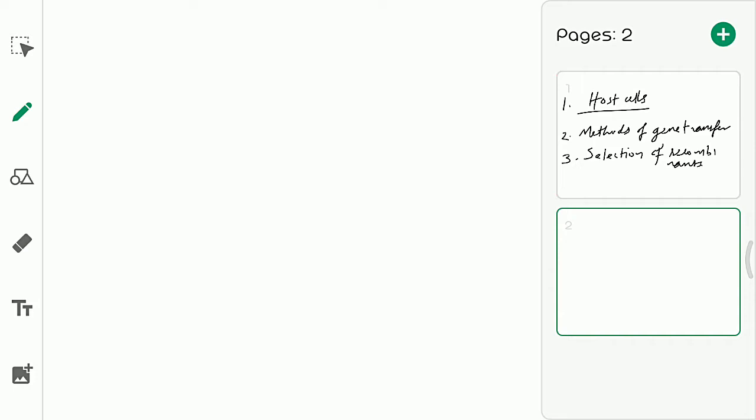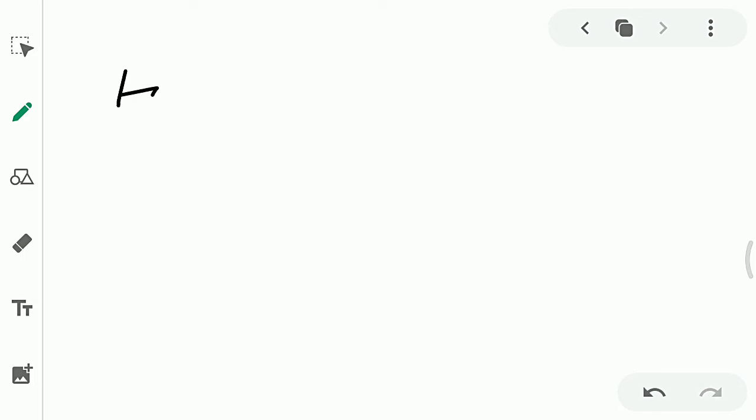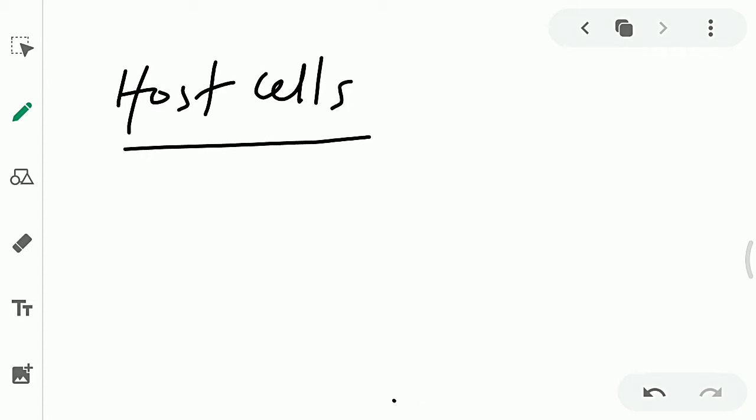And today the most important topic is host cells. Host cell means the cell to which you are going to transfer the recombinant vector.